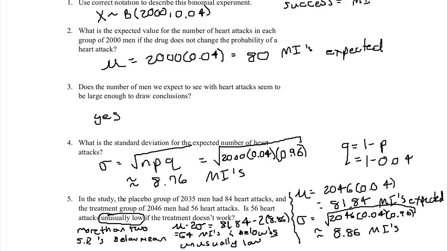So 56 heart attacks is below 64. So yes, this is unusually low.